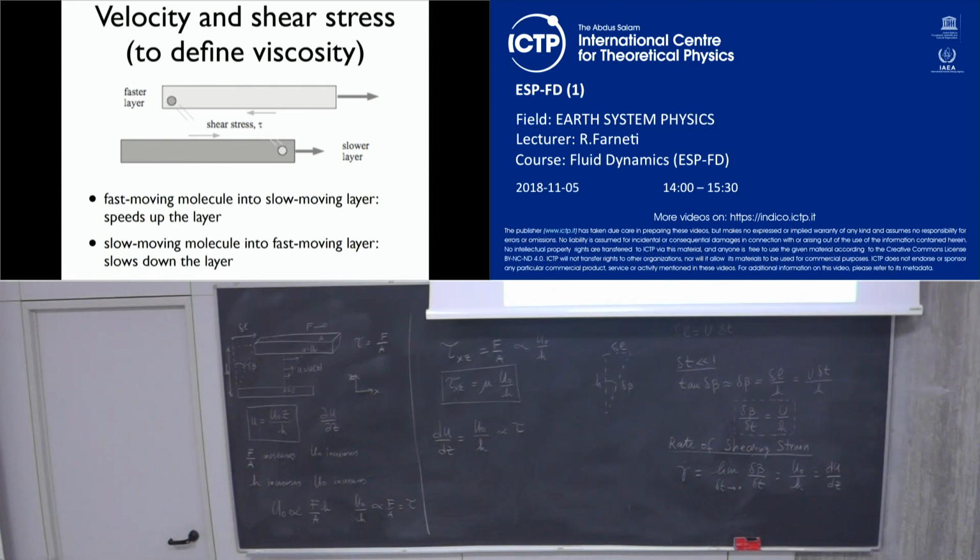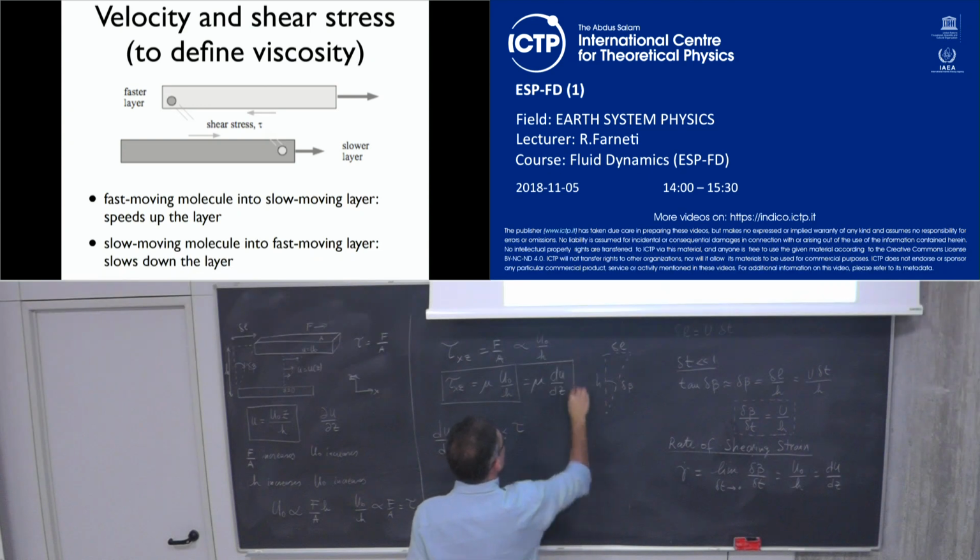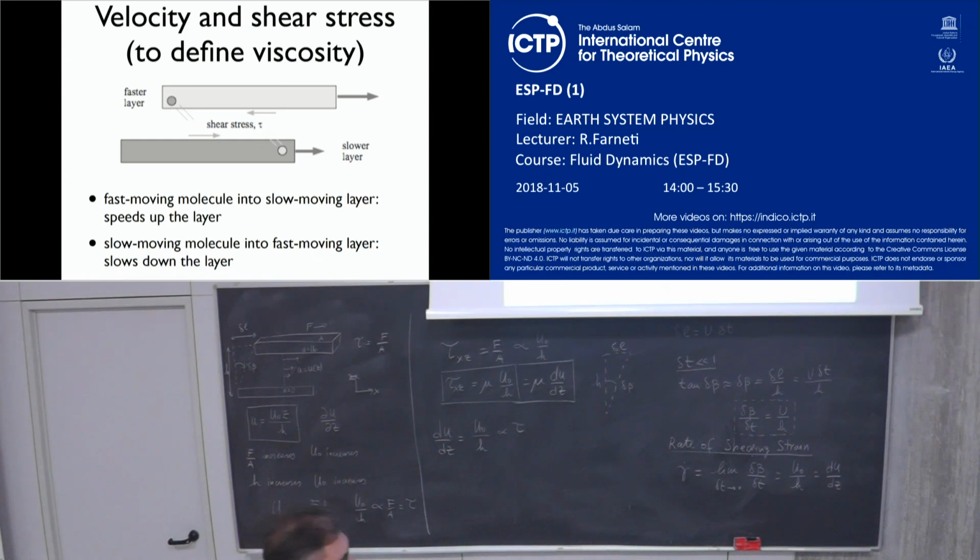So as the shear stress increases, my velocity gradient du by dz increases, and so does the rate of change of my shear strain. Now what I've done is related my shear stress to the velocity gradient, which is really what I'm interested in.